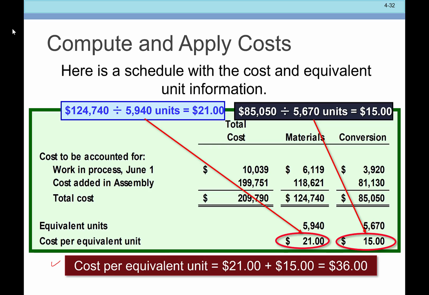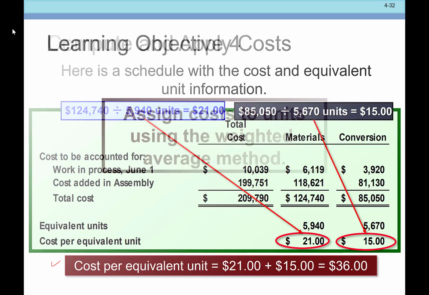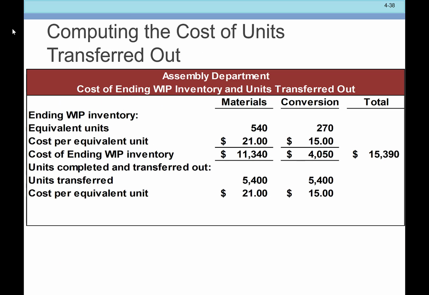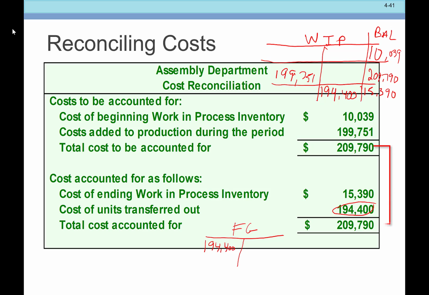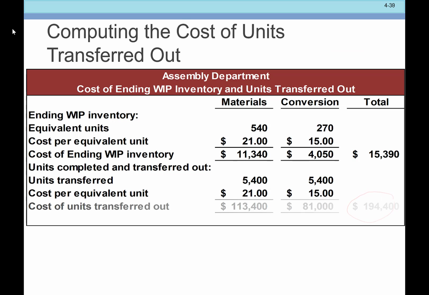Those costs were added for this period, bringing us up to a total cost of 209,790, which is the balance that's in this work in process. That's the total cost that had gotten in there. Then we transferred the cost out, using our equivalent units and a cost per equivalent unit, didn't we?